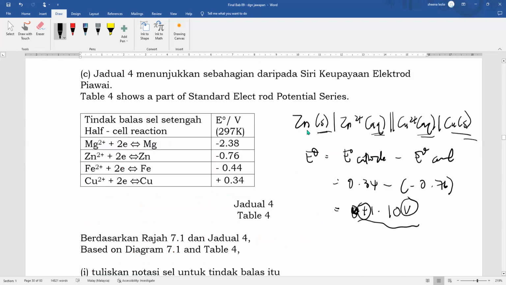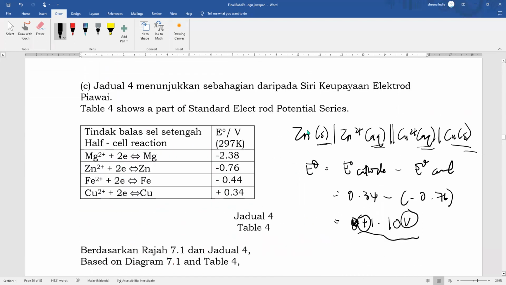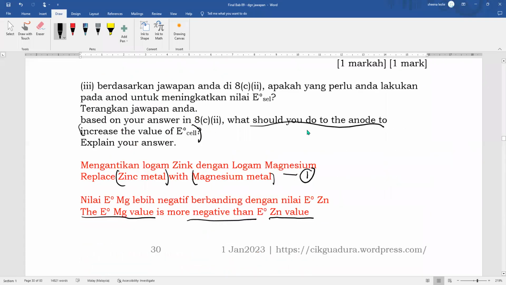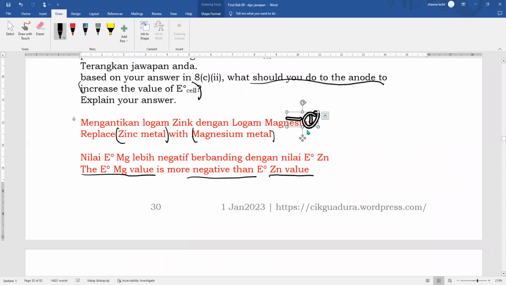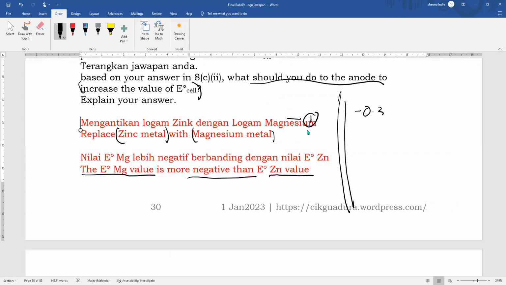If you look at magnesium here, it is negative 2.38. Zinc is negative 0.76. So I'm going to do the equation for you: cathode minus anode. My cathode just now was positive 0.34, correct?